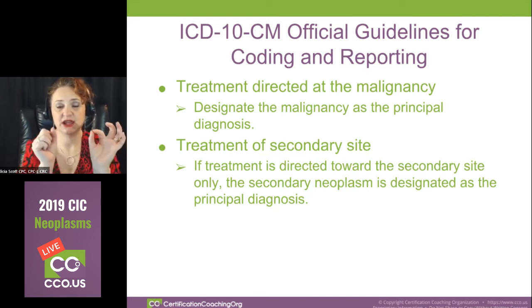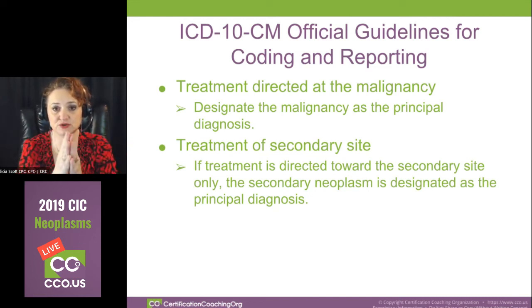Now, you get confused when you're looking at documentation, because let's say our person has secondary brain cancer, primary lung cancer. Well, what is the cancer that's being treated that encounter?